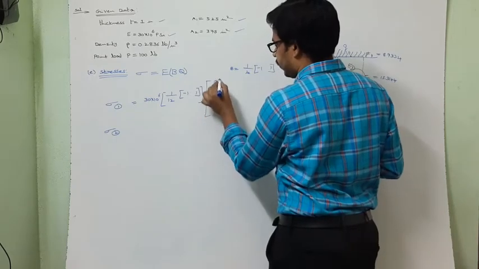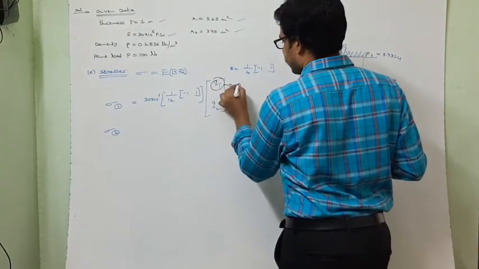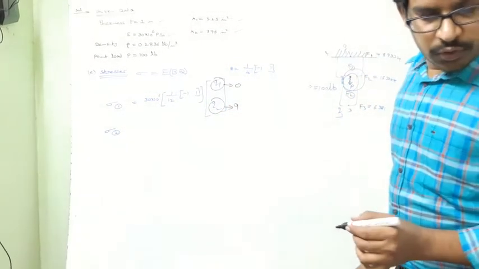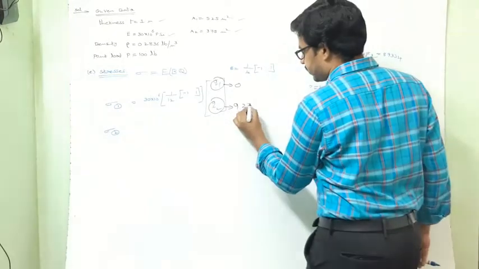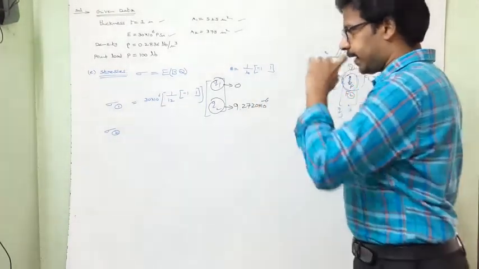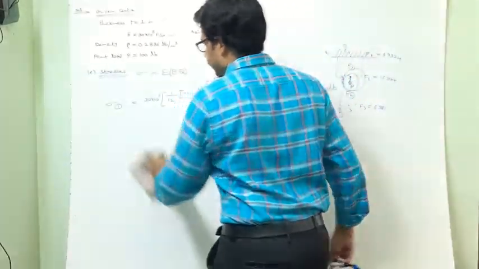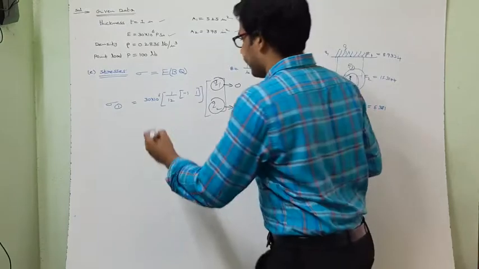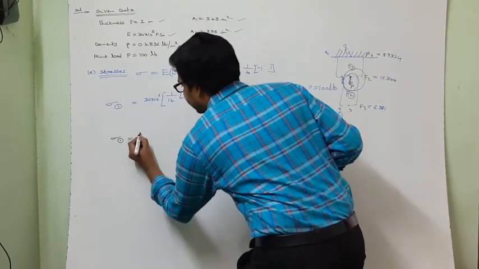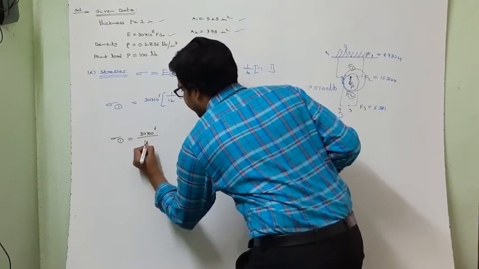So here Q1 is equal to 0 and Q2 is equal to 9.2720 into 10 power minus 6. So here sigma 1 is equal to 30 into 10 power 6 whole divided by 12.